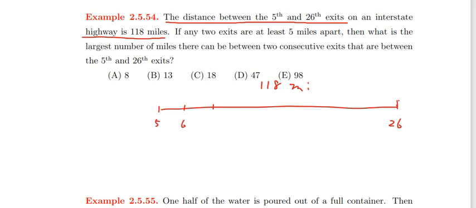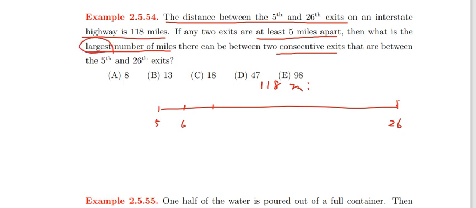If any 2 exits are at least 5 miles apart, then what is the largest number of miles there can be between 2 consecutive exits? So here we want the largest.